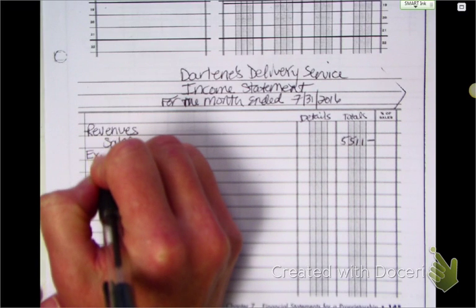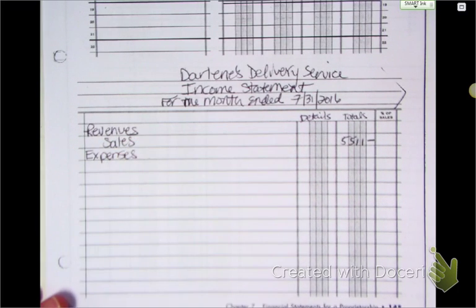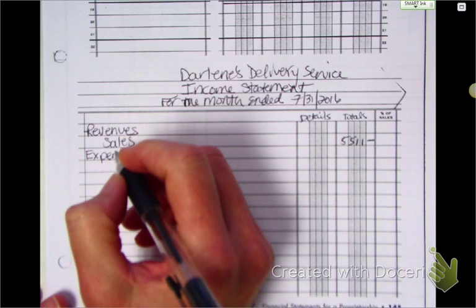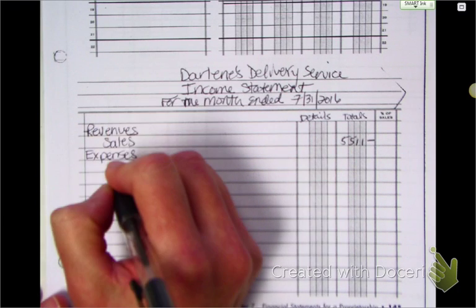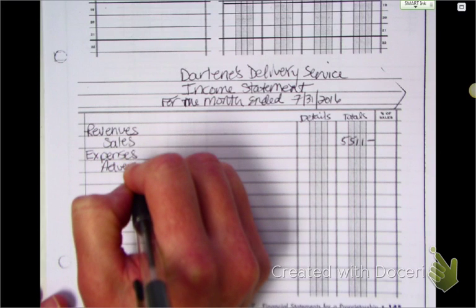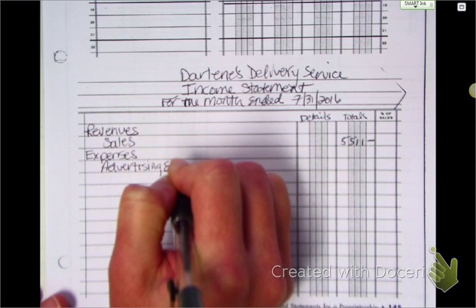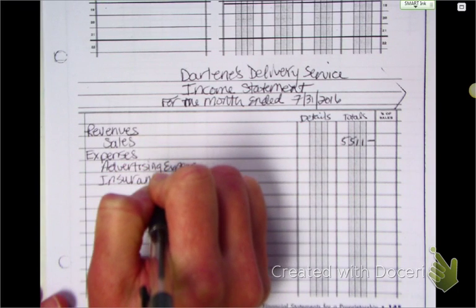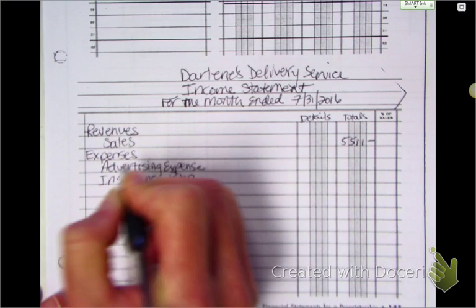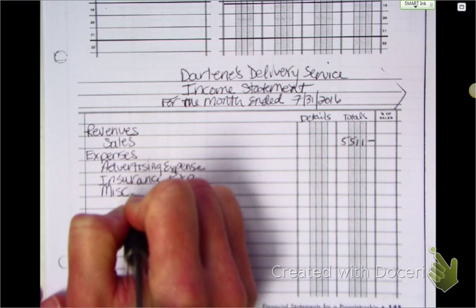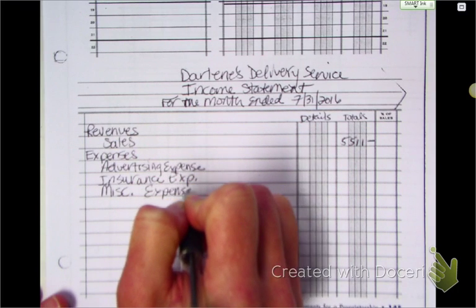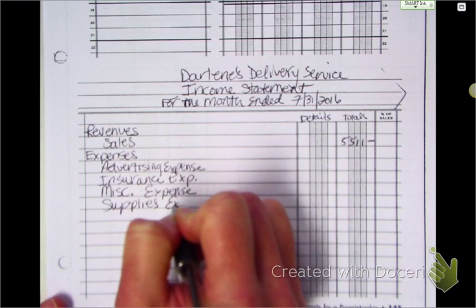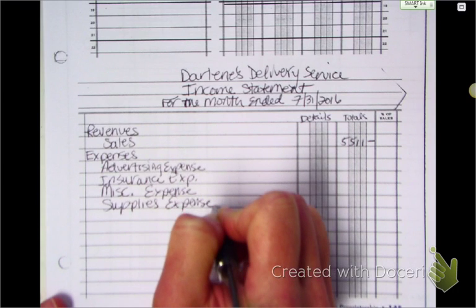So we put the title for expenses on the left margin, and then we could just list all of the categories of expenses. So in this particular case, we have advertising expense, insurance expense, miscellaneous expense, supplies expense, and that's it, correct?